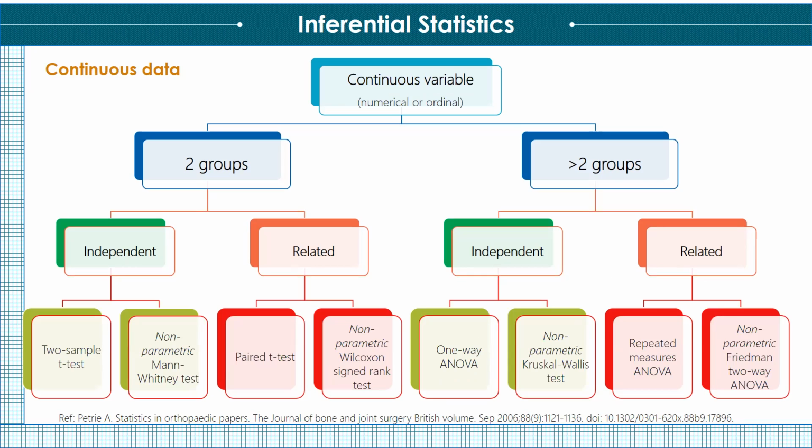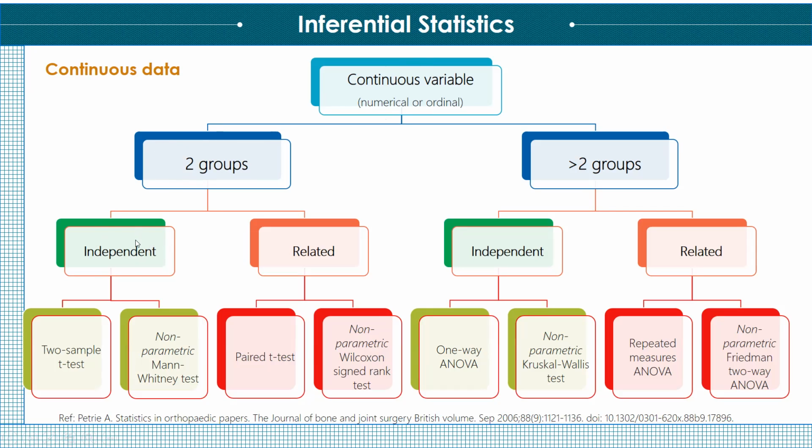So this is our one for continuous variables, what tests we use when we're analyzing continuous variables for inferential statistics. So again, these are numerical or ordinal variables. If we are again comparing two groups, so two categories, those that received intervention, those that did not, but we're looking at a continuous variable such as age or shock index.